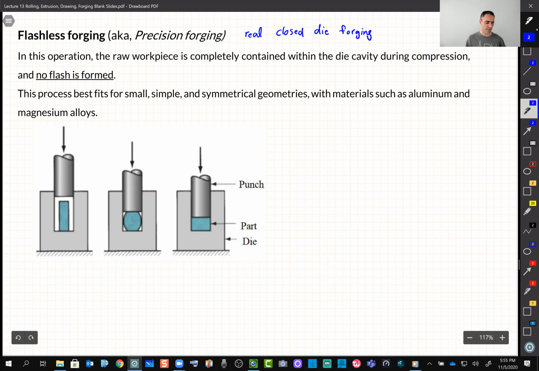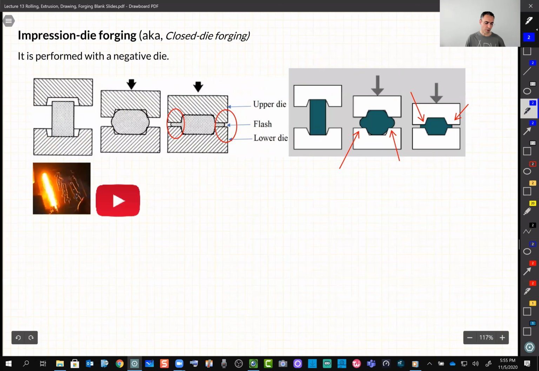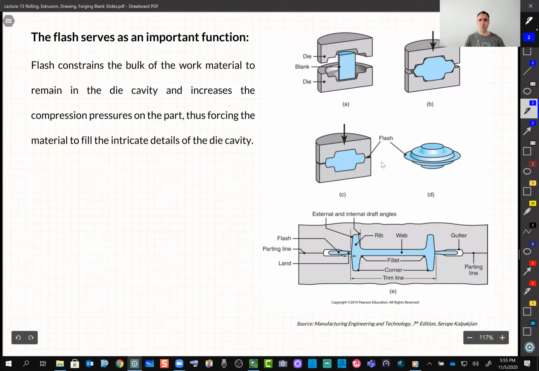And why is that? Because if we go back one step here, although people call this one closed die forging, it's not 100% closed, and that's because of this flash. You see it in picture E here.